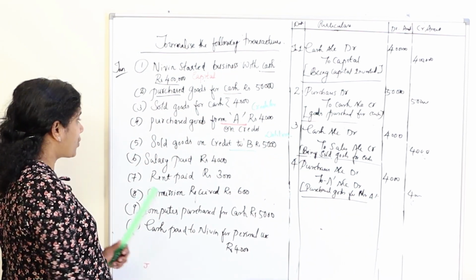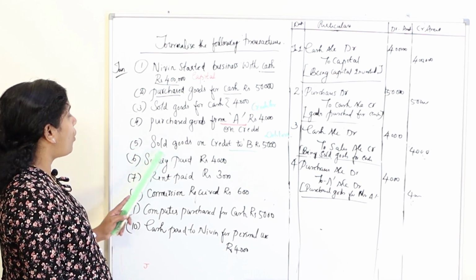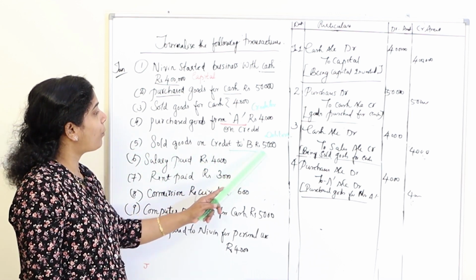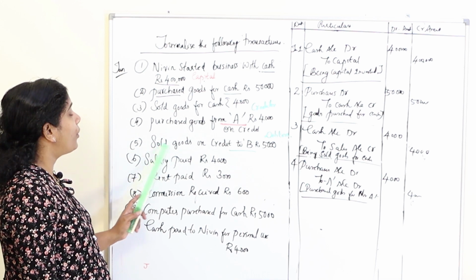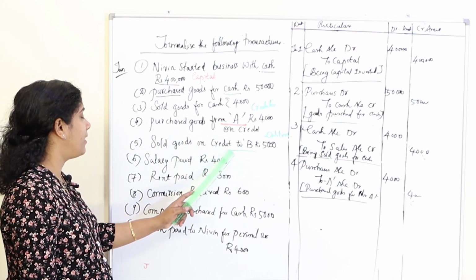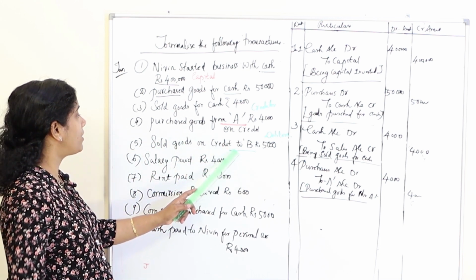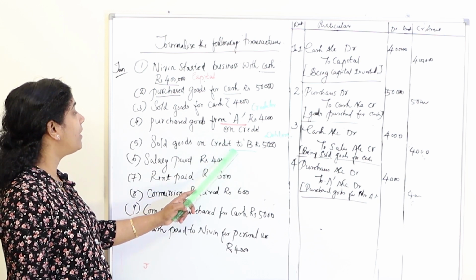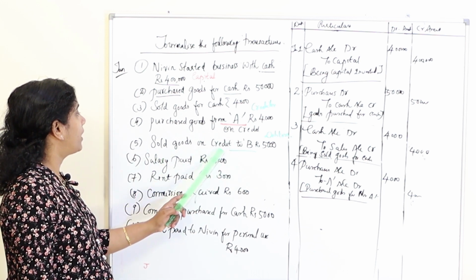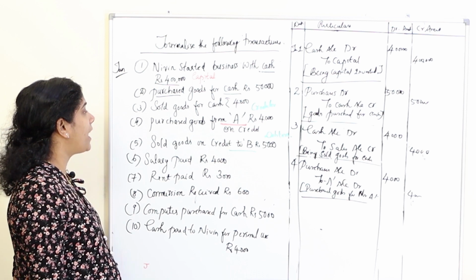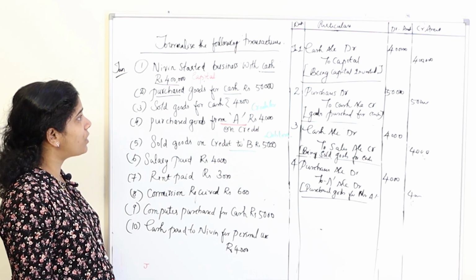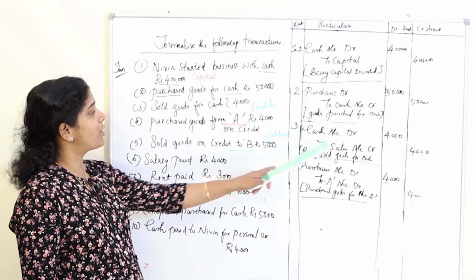Okay, fifth transaction. Sold goods on credit to B, rupees 5,000. Sold goods on credit, it is a credit transaction, because the amount is received at a future date. So normally for cash transactions, what is the entry? Cash to sales.